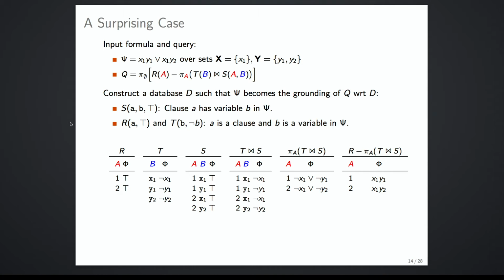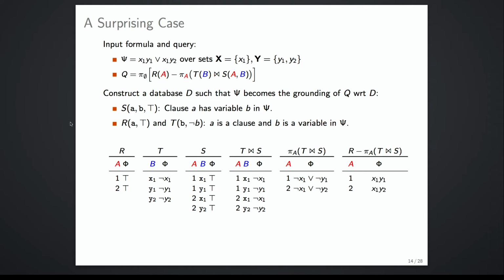Construct a database. So we fill in R, T, and S in the following way. For R, we just mention a row for every single clause we have in our original formula. So we have the first clause and the second clause. In T, we essentially have a tuple for every single variable we have in our formula. We have x1, we have y1, we have y2.